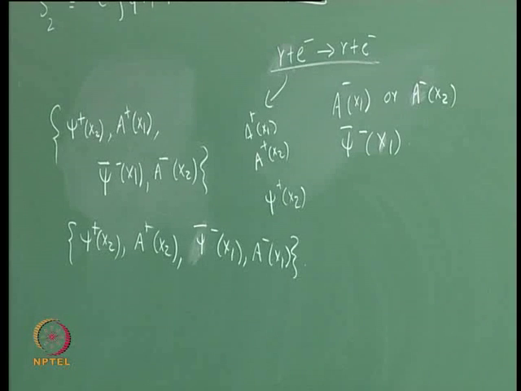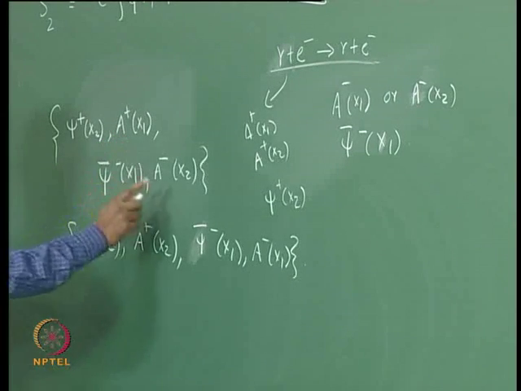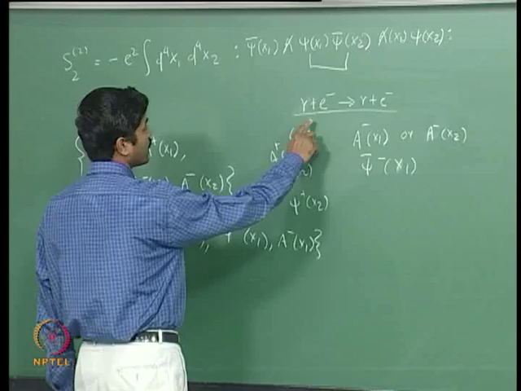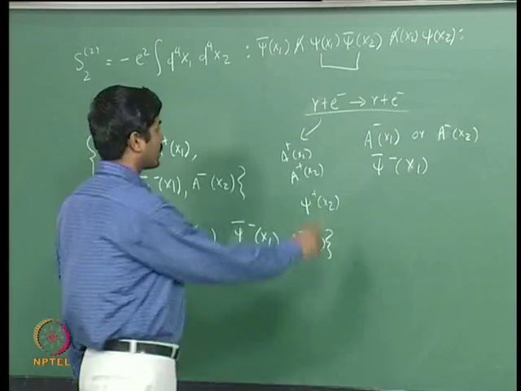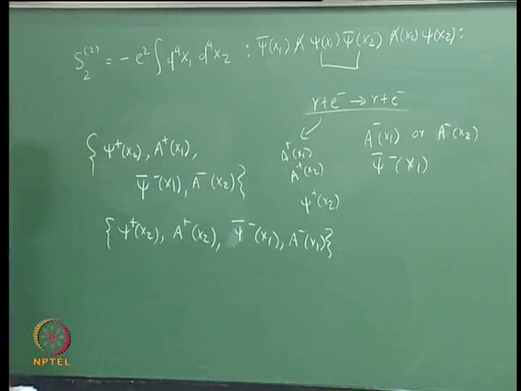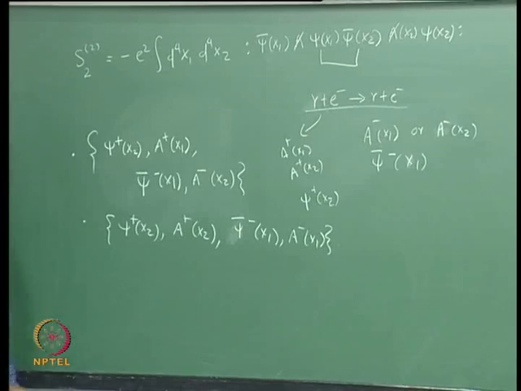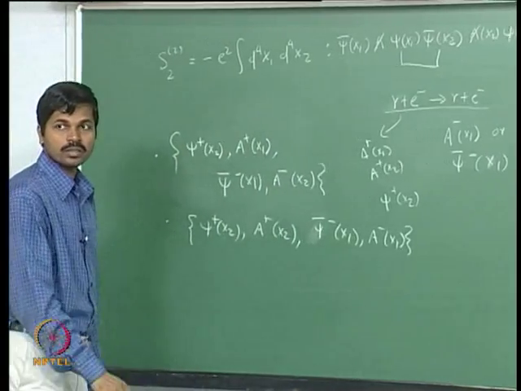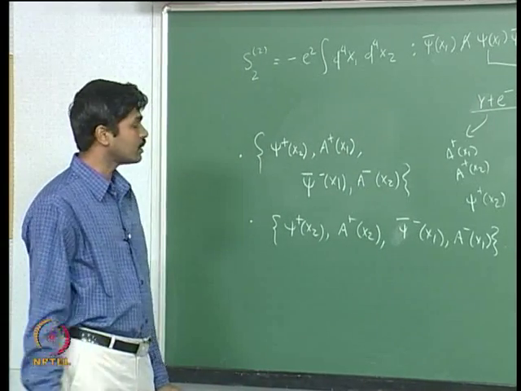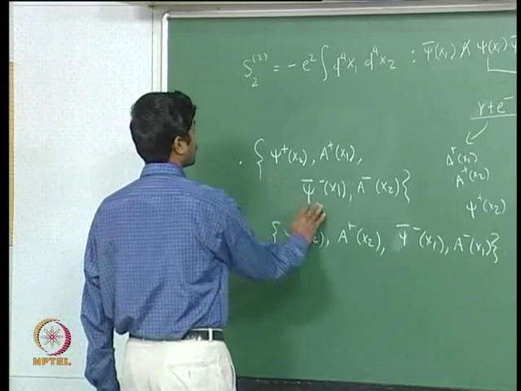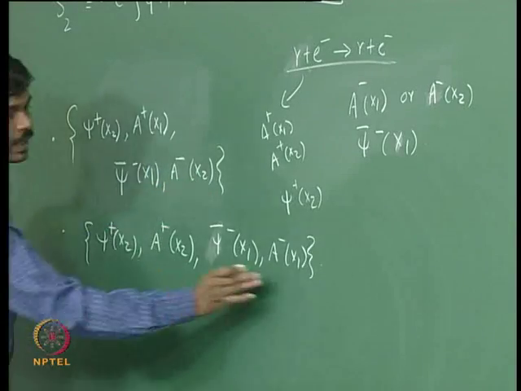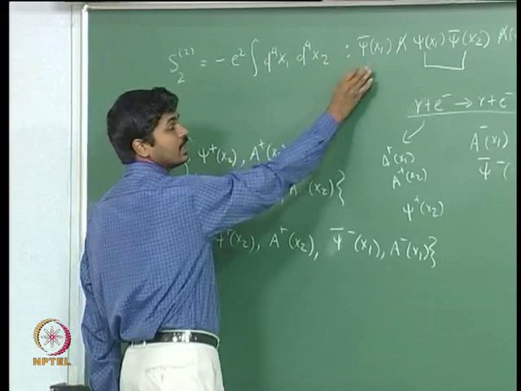It cannot contain both A plus of x1 and A plus of x2, because that will not give a finite contribution to this process. So, there are only these two possibilities. Is there any other possibility that can give a non-zero contribution? You can inspect quickly and conclude that no other possibility exists. So, you can have either this set of operators or this set of operators in the S matrix.